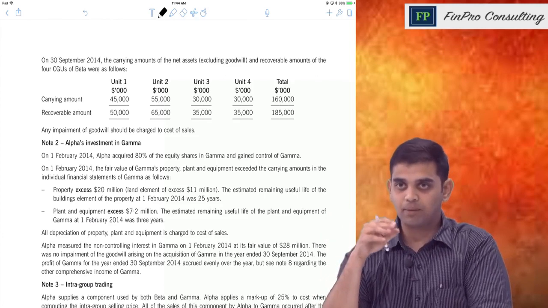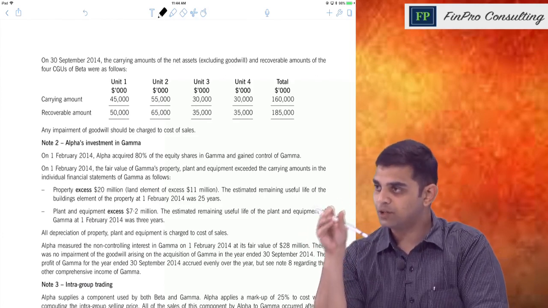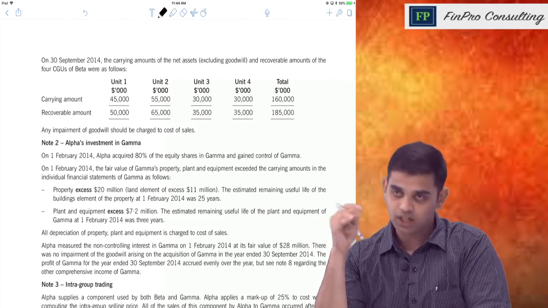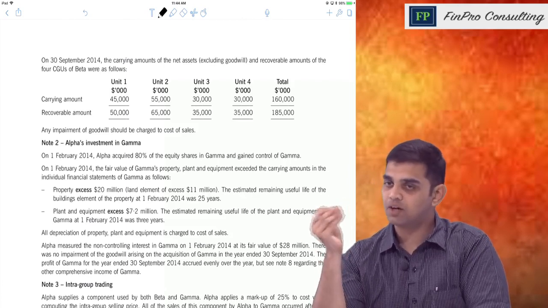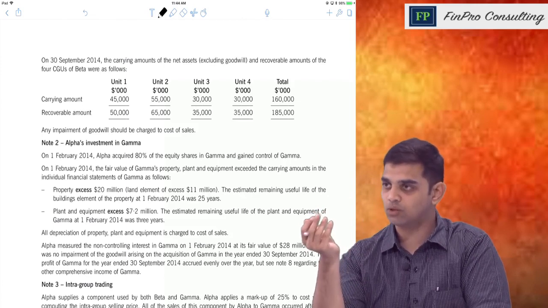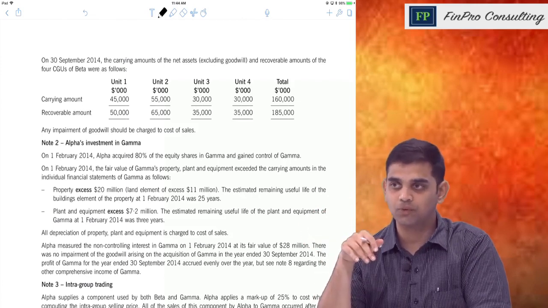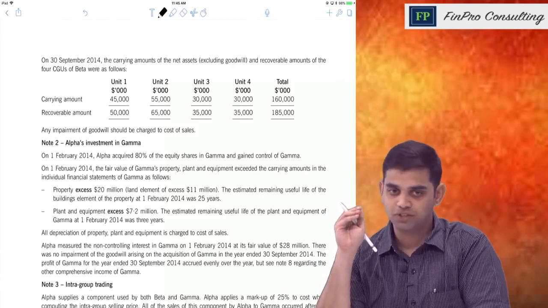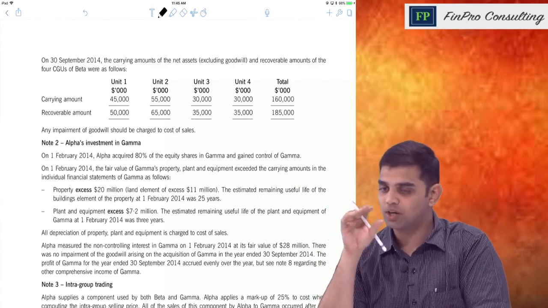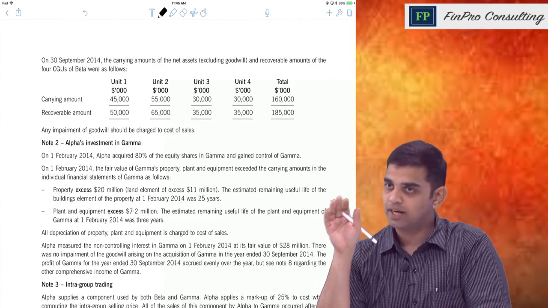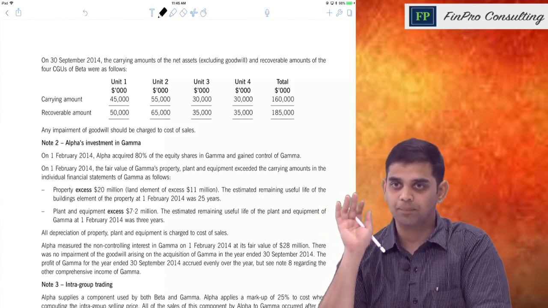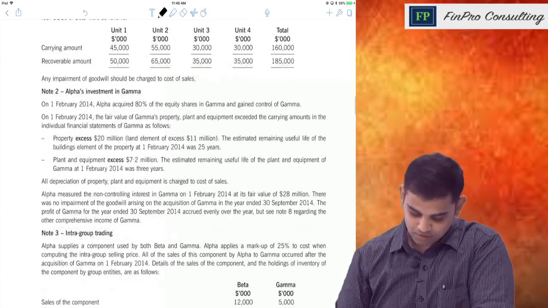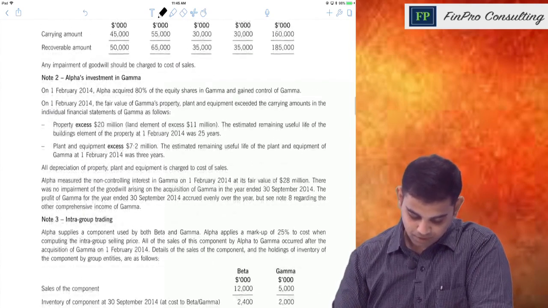First you take the carrying amount of the respective units, then you allocate the goodwill to the respective amounts, and then compare with the recoverable value. If recoverable value is less than the total carrying amount after allocation of goodwill, then there is an impairment and that amount will be charged to cost of sales. So we have to plot all the numbers in the respective units and check in which unit there is an impairment required, right? So it is a very simple adjustment. So we will do it later on only.